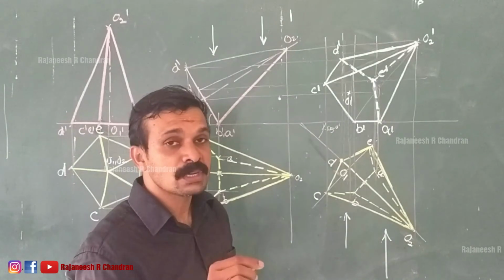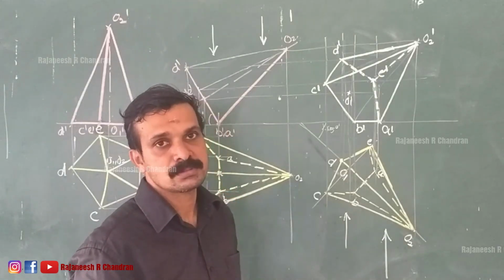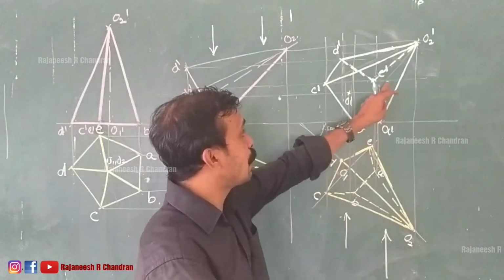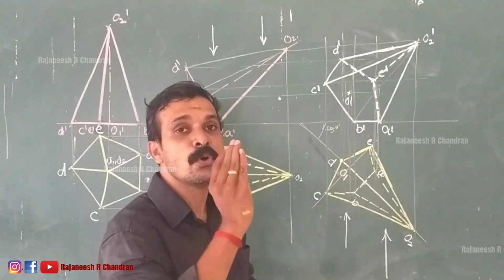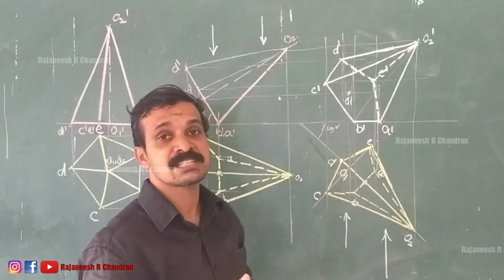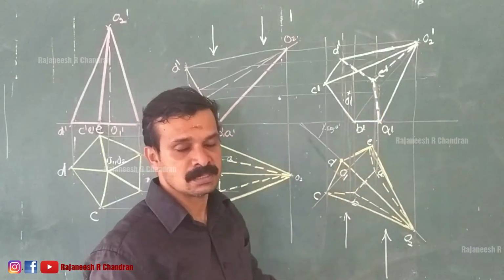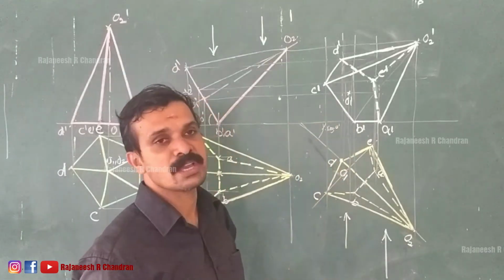So there is a route and we have to apply all these conditions in the specific route. Now after applying all these conditions, O2 dash E dash has already become invisible. So there is no need of checking whether O2 dash E dash is visible or not, because it became part of an invisible edge. So the only edge that remains is O2 dash B dash.